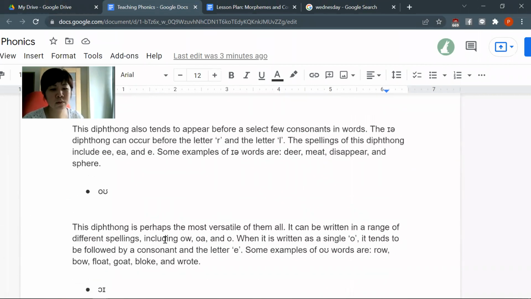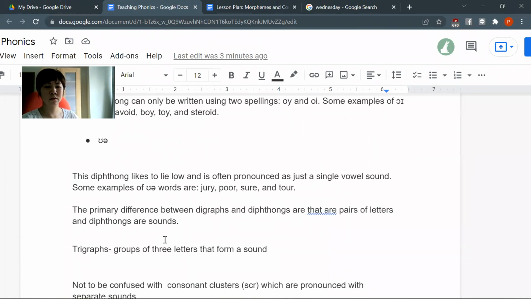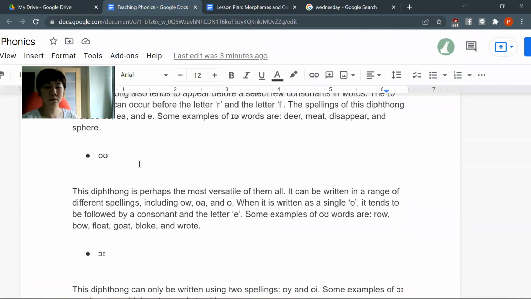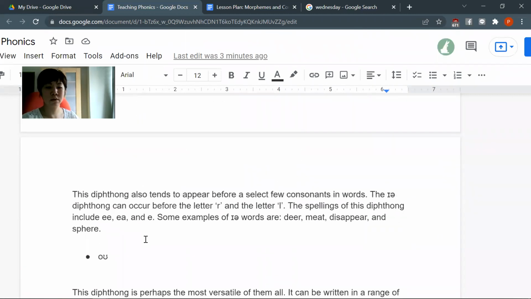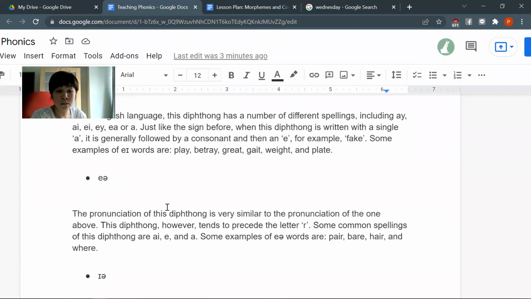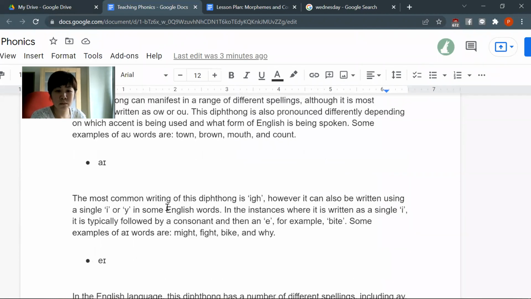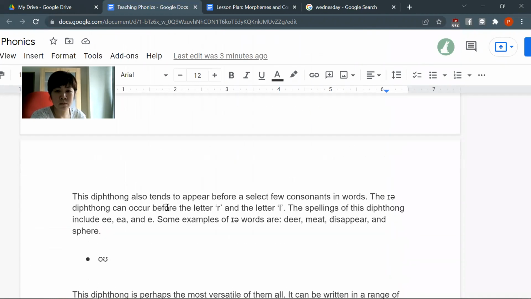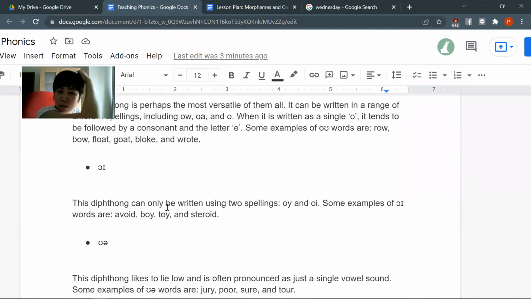Diphthongs. Diphthongs are something that a lot of people have trouble with. We'll get to that later. It's where the vowel doesn't stay at the same level, but changes. So anyway, we'll get to that later.